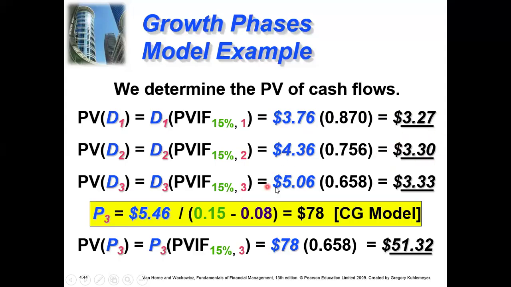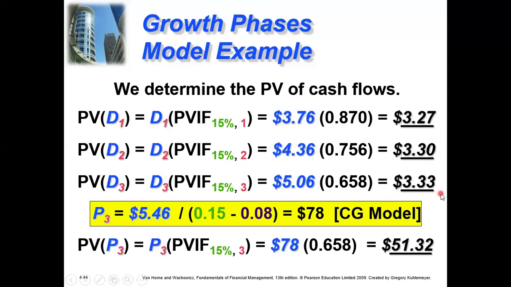And D3 was 5.06. We will take it back by 3 years. So the present value of this 5.06 would be $3.33. Present value of D1 is 3.27. Present value of D2 is 3.30. Present value of D3 is 3.33.